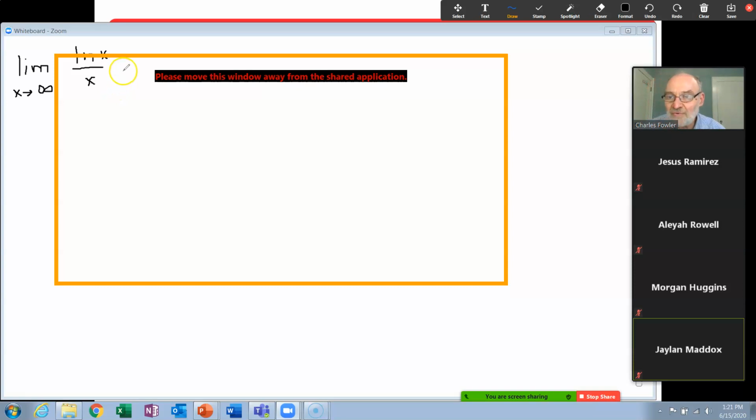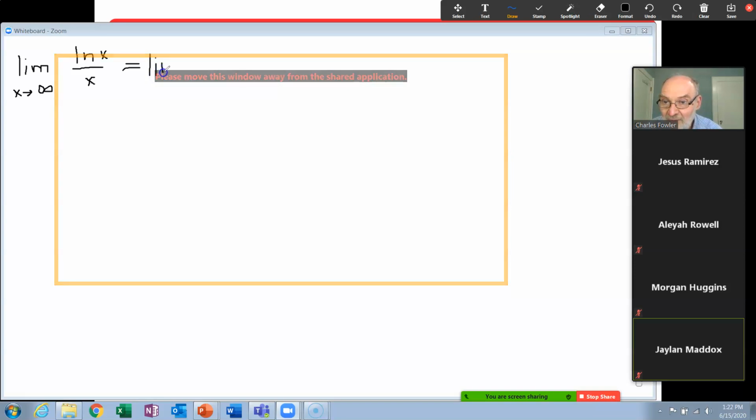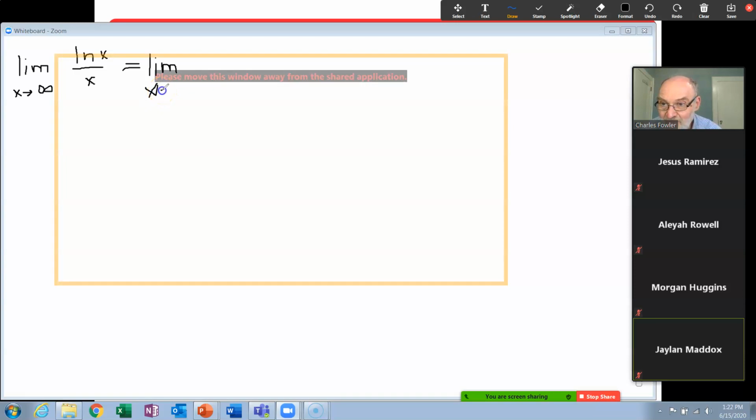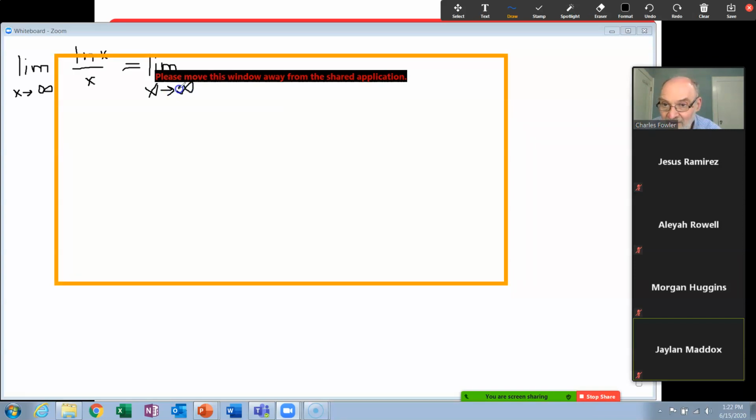Let's do what L'Hopital's rule says. Let's take the derivative of the numerator and the denominator, and that would be the limit. I can't see all of what I'm writing because that box is in my way. The limit as x approaches infinity of, now what's the derivative of log x?